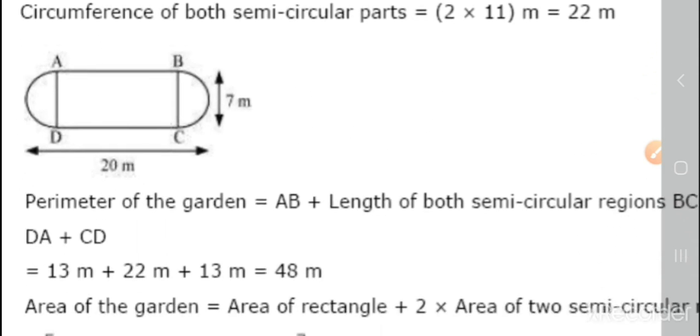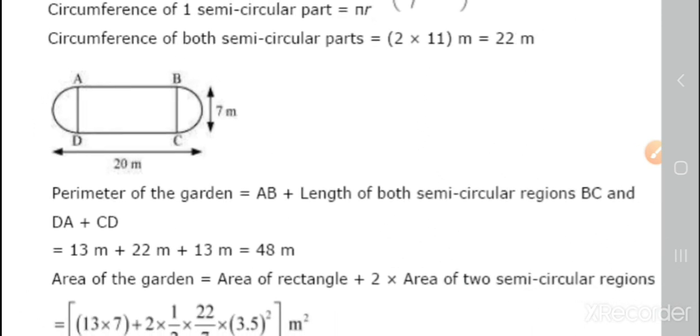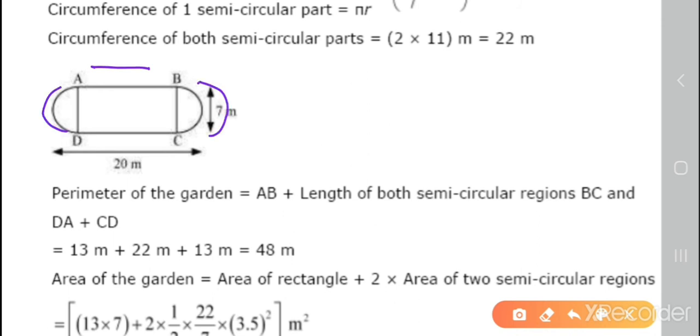Perimeter of the garden is equal to AB, I'll show you, AB plus length of both the sides plus CD. This is what you are going to do. So 13 plus 22 plus 13, that is equal to 48 you are getting.